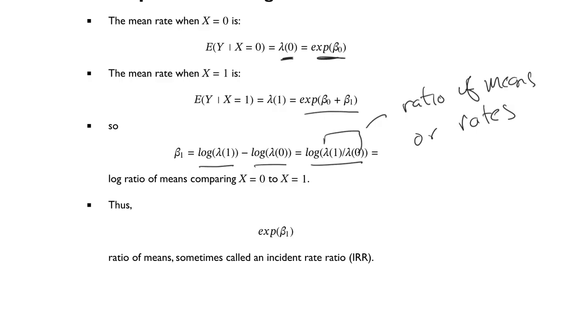Meaning if I get a coefficient that has that interpretation, all I have to do is take the inverse log, or exponentiate it, and I get a ratio of means, which is often called an incident rate ratio. So much like logistic regression, where when you exponentiate the coefficient on an x, I get an odds ratio, in this case I get a rate ratio. That's what it's called. It's the ratio of means.